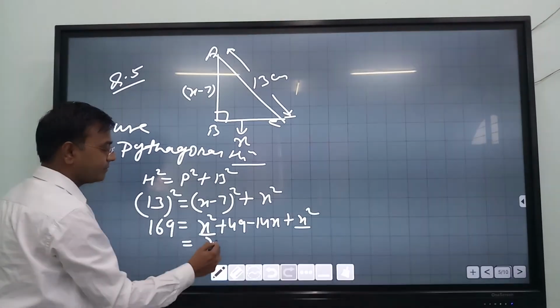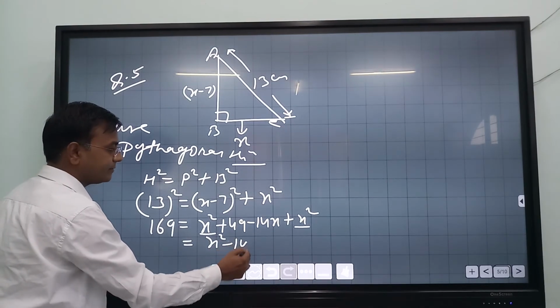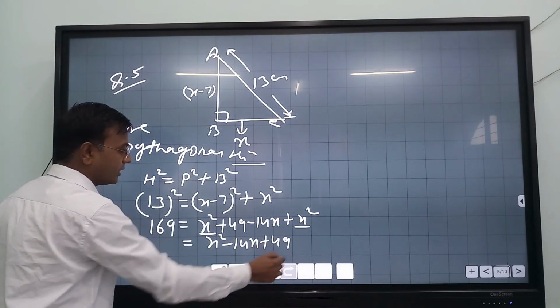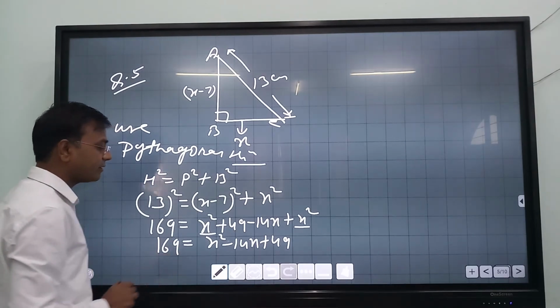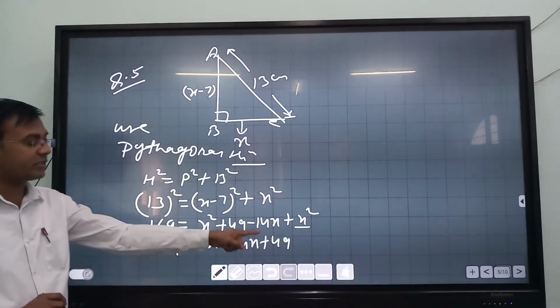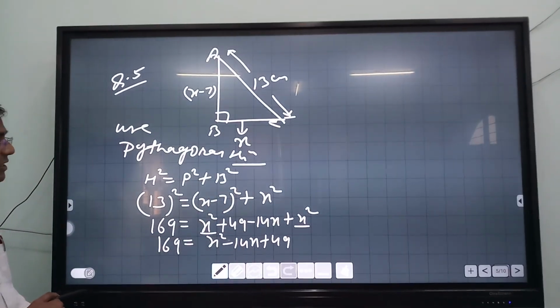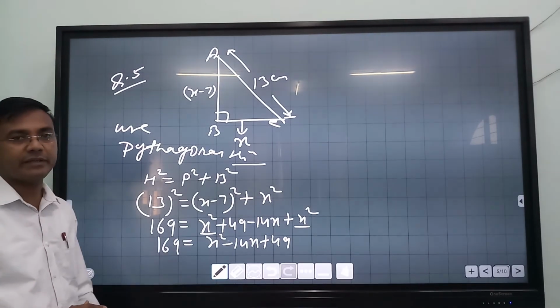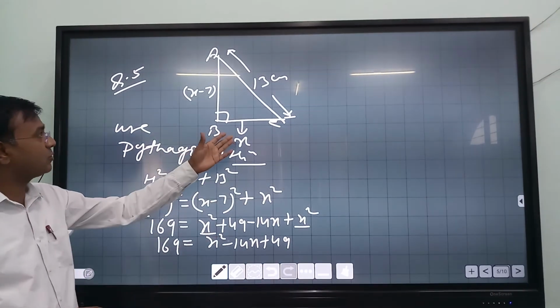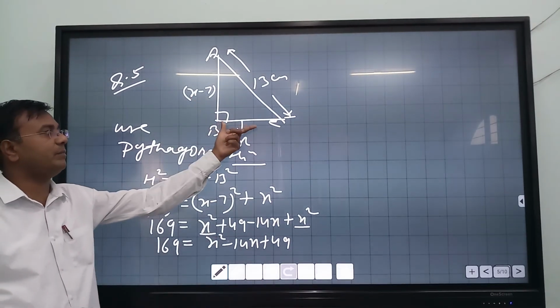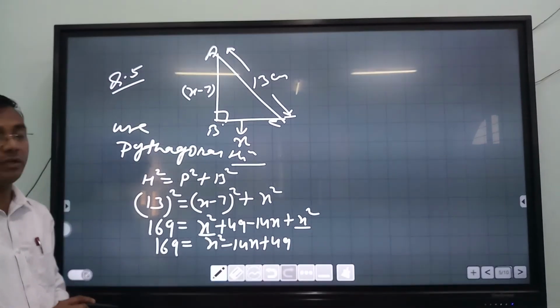Now adding x square plus 49, equals 169. Transfer this 169 to this side, and hence you get the quadratic equation. Then use middle term splitting, get the value of x, substitute it here at the place of x, and get the base as well as the perpendicular.